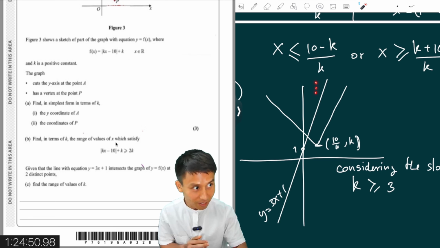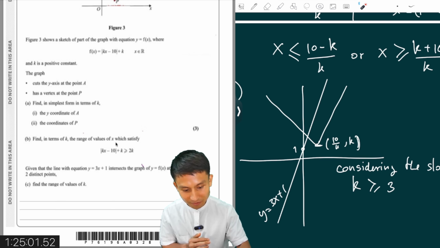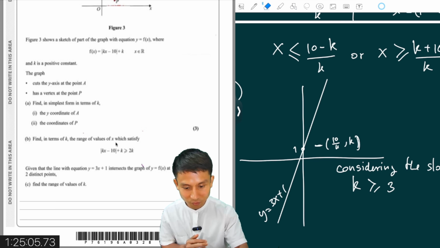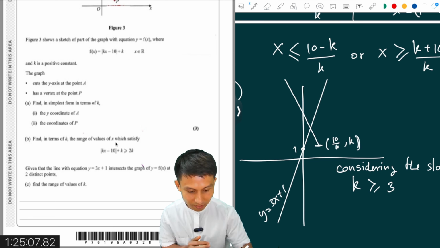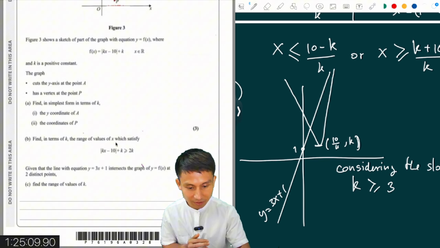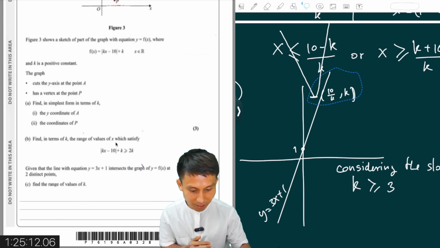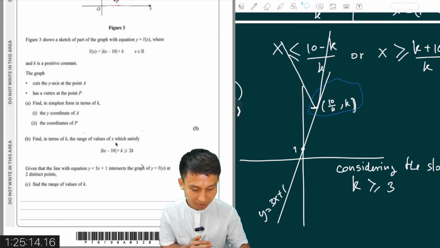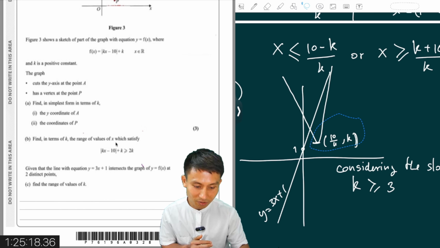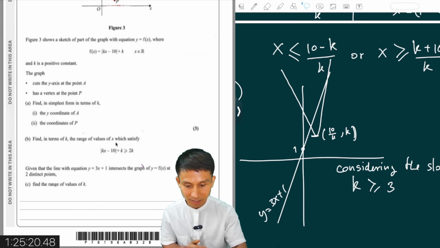So if you look at the same x value here, which is 10 over k, whatever the y value of the line is, it has to be greater than the y value of the vertex, to make them meet again somewhere above there. I'm going to make this steeper again. Because if you think about it, if this is above, they're not going to meet again. So we need to make this below, right? So that's my logic there.